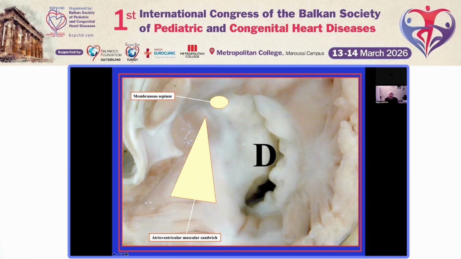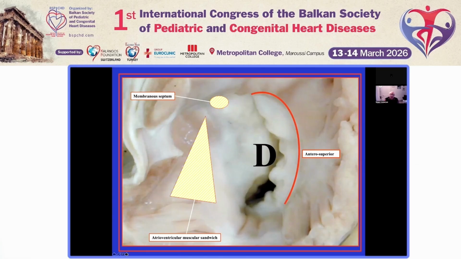We don't have time to talk about that today, but it's important to know that there is an extension of the inferior atrioventricular groove that separates the floor of the muscular sandwich from the crest of the ventricular mass. But we are concerned with the junction itself.